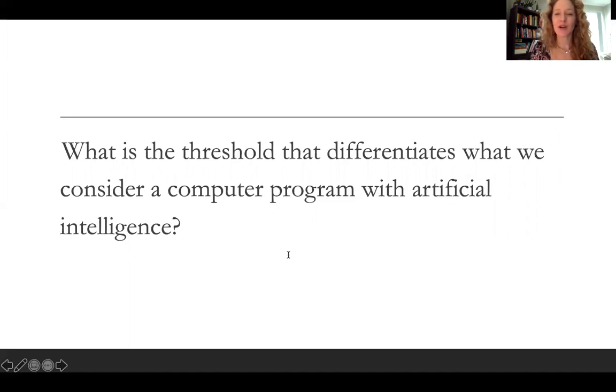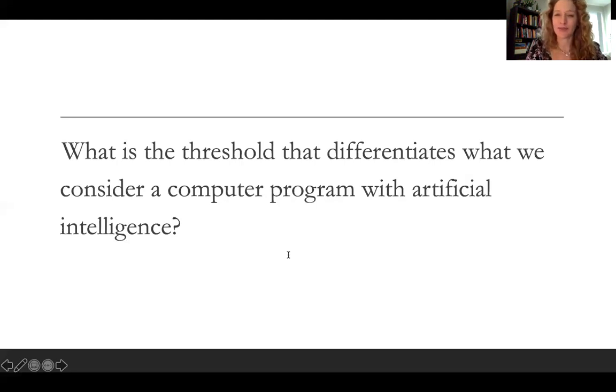So where does it go from being a computer program to becoming something sophisticated enough to be considered artificial intelligence? Because there are so many definitions of what is and is not artificial intelligence, we don't have a completely clear understanding as a broader society.